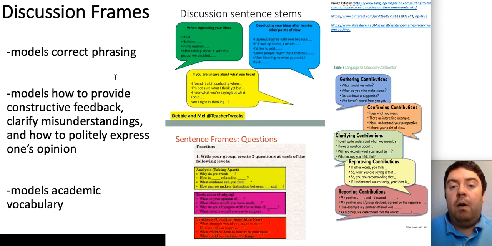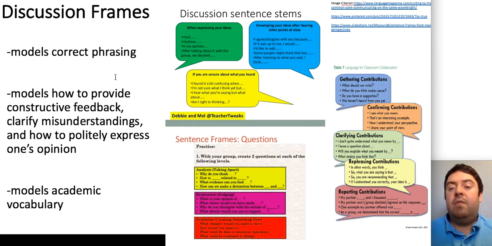So, for example, a discussion frame for expressing maybe contrast with another person's point of view is, "I'd like to add that..." Or "After listening to what you said, I also think this should be considered."